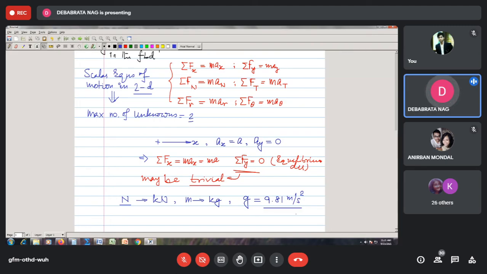If nothing is mentioned, take g as this. Please do not take g equal to 10 meter per second square, as you used to do in your school days. Please do not do that. g is taken to be equal to 9.81 meter per second square unless mentioned otherwise.